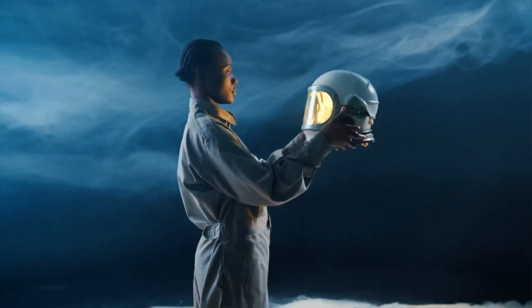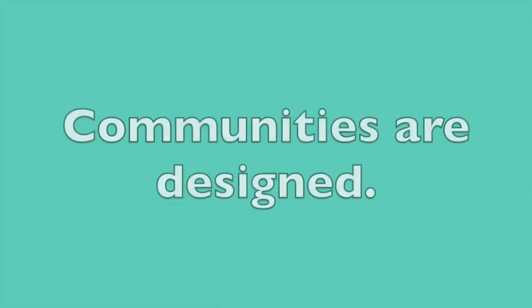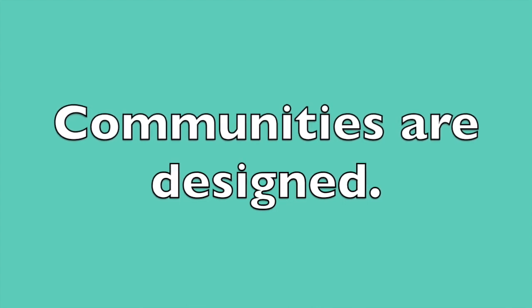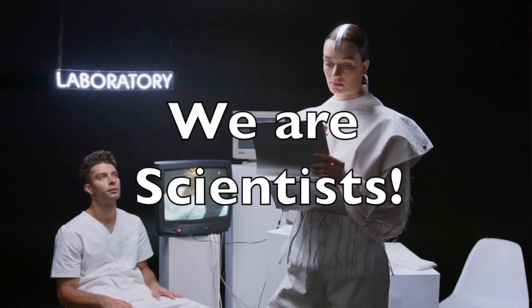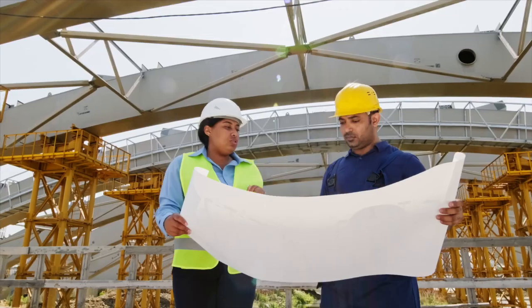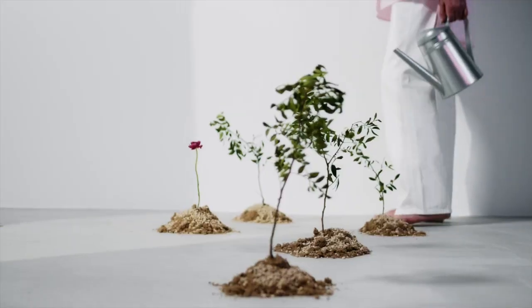Anyone who's ever done anything brave in the world knows this. But if you don't like the outcomes, then we need to put on that posture of discovery we talked about, to understand what tweaks need to be made to get a different outcome. Communities are designed, and it's our job to be the scientists in the community: to run those experiments, measure the success, and discover how the community is evolving.